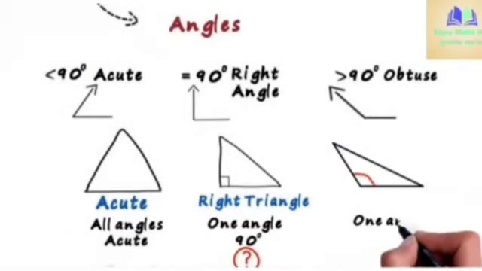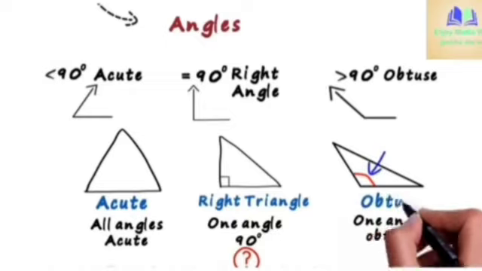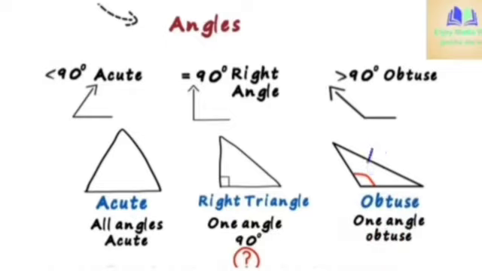A triangle in which one angle is obtuse is called an obtuse triangle. This angle in the triangle is greater than 90 degrees, which makes it obtuse.